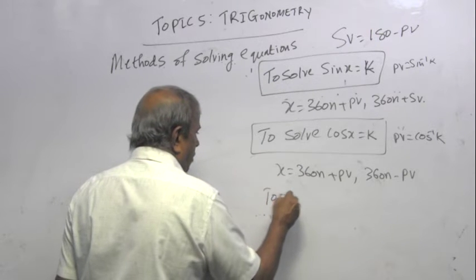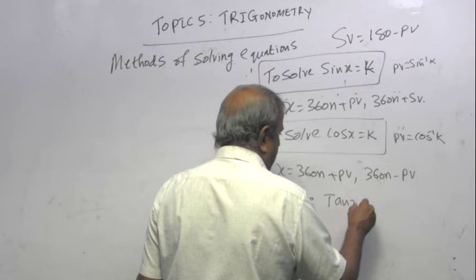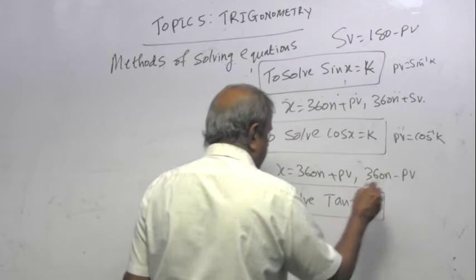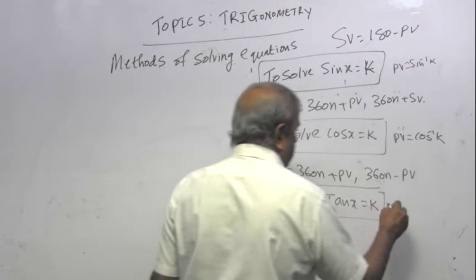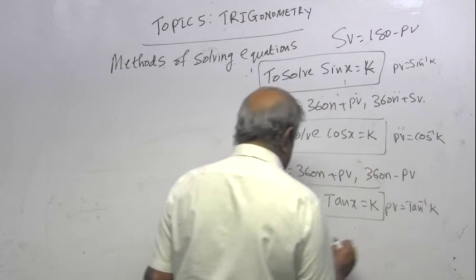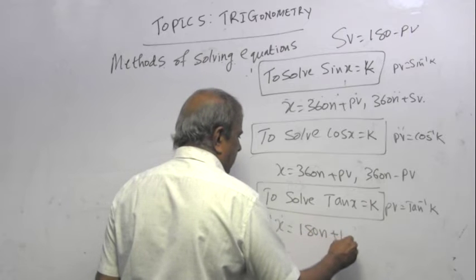And to solve tan x equal to k, of course, PV is tan inverse k. X is equal to 180n plus PV.